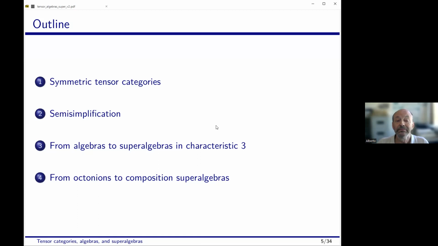Because composition superalgebras with non-trivial odd part only exist essentially in characteristic 3. This is something characteristic of characteristic 3.